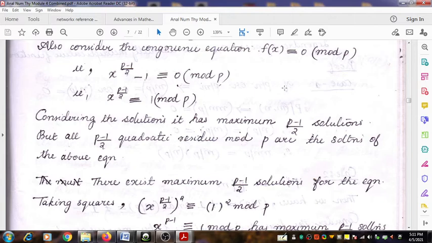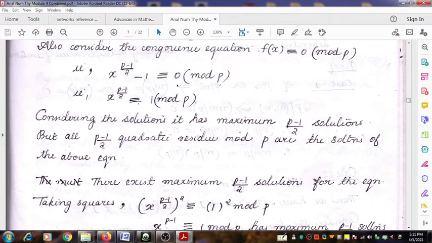So when you substitute such a number in this equation, you get non-congruence, because the equation is not satisfied.